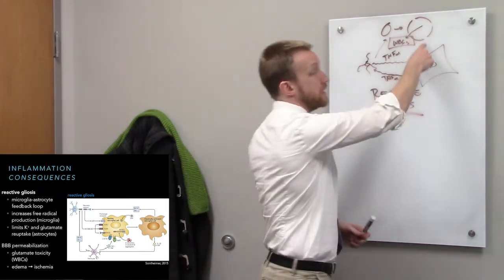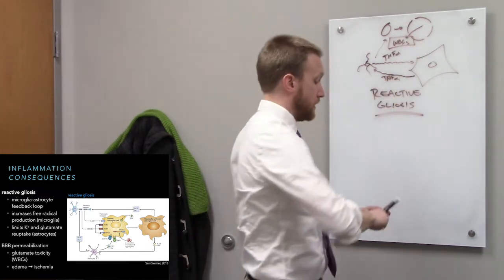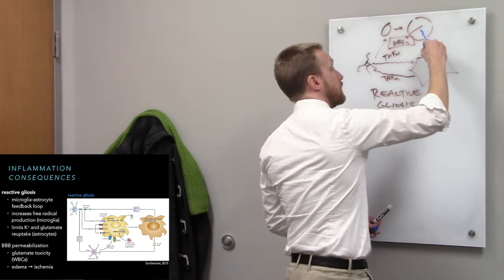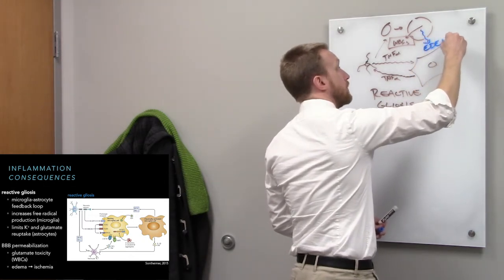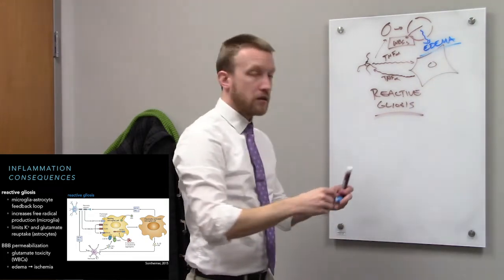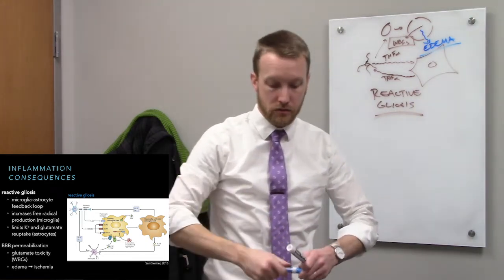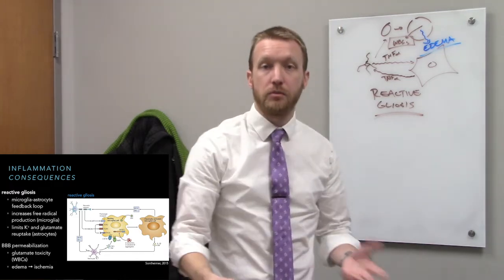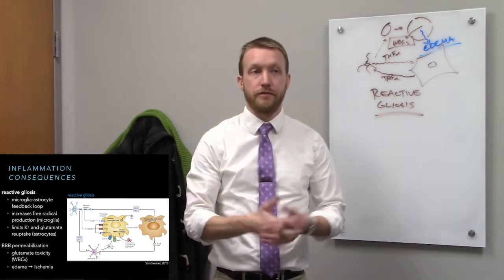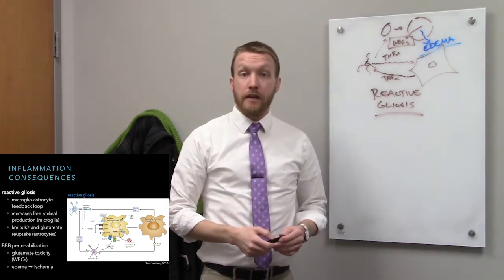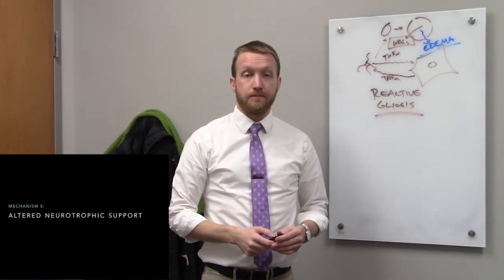And the fluid that comes out with them can lead to swelling. That swelling can then affect local blood flow, leading to ischemia, which leads to depolarization, mitochondrial dysfunction, etc. So it's a tangled mess, in other words.